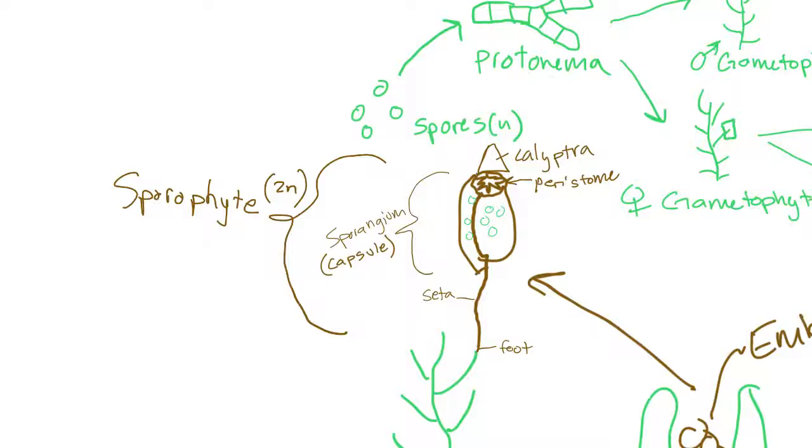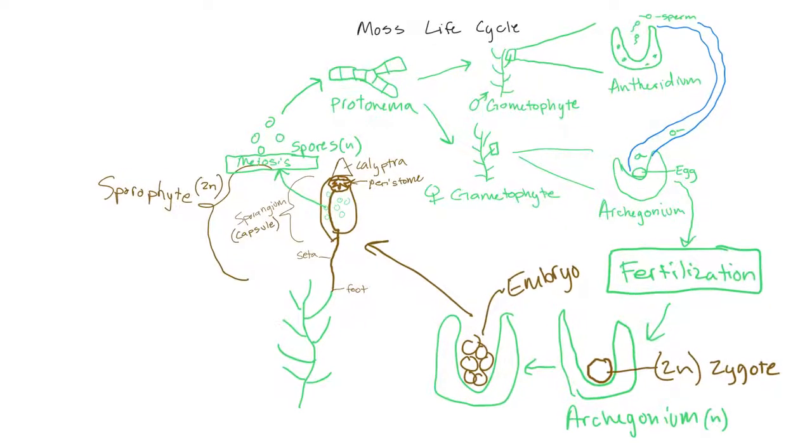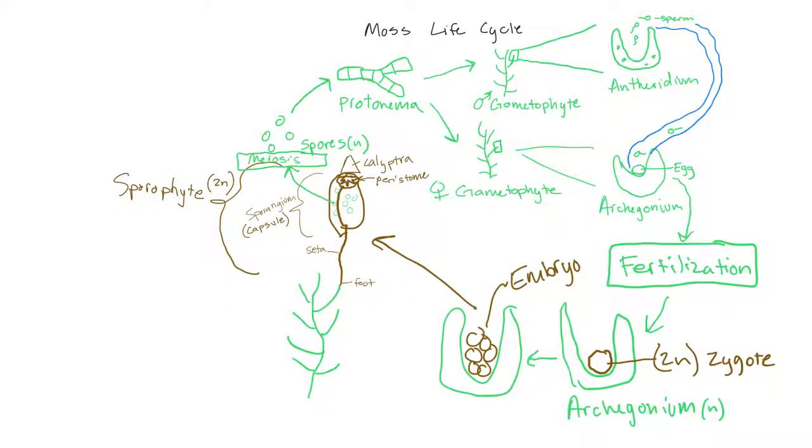But these little spores in here go through meiosis and then are released, and then we start all over again. So that's the moss life cycle.